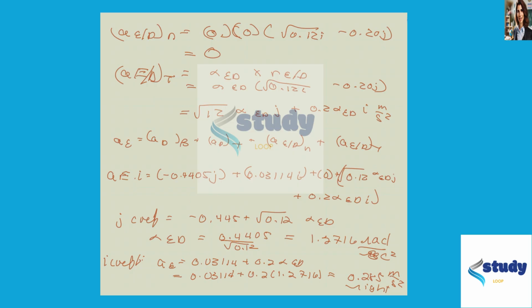So we're going to get 0.285 meters per second squared to the right.